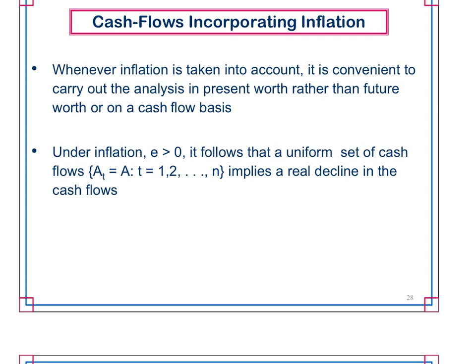Okay? If you do include inflation, it's usually much better to do your cash flow analysis and all your financial analyses in the present as opposed to the future. Most financial analyses I've seen are always looking at present value because I can make an assessment today.